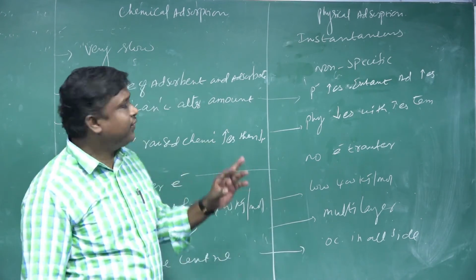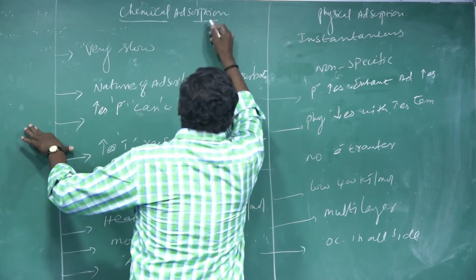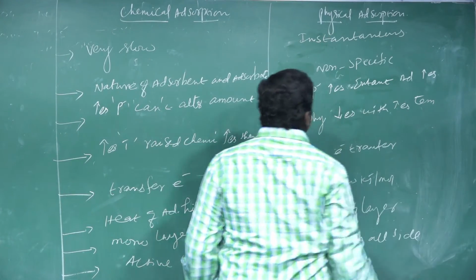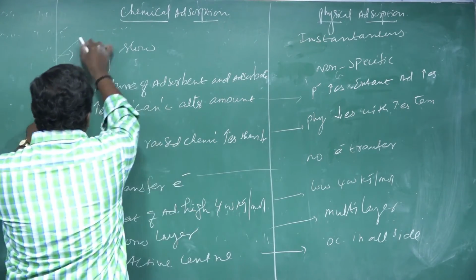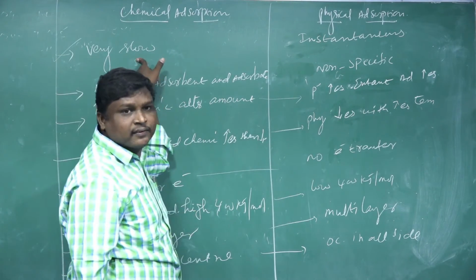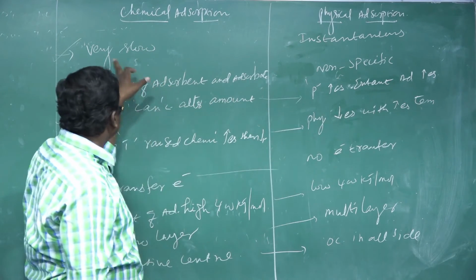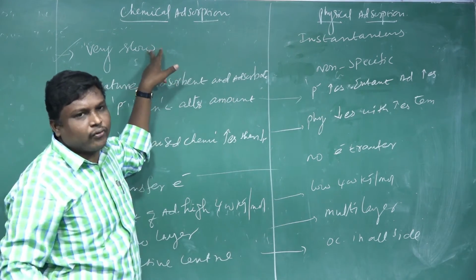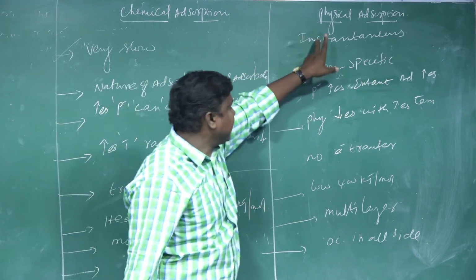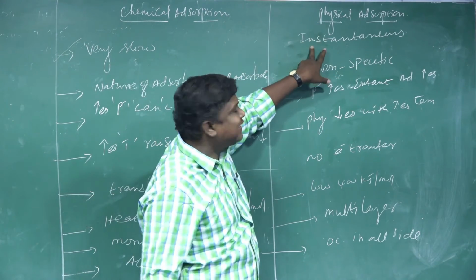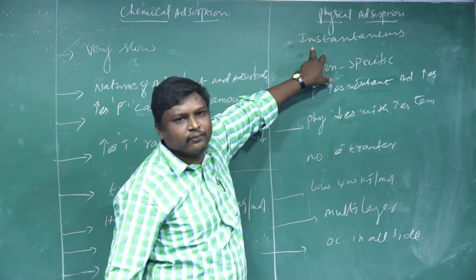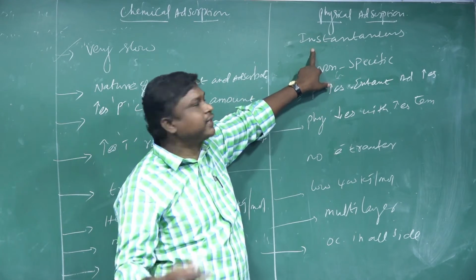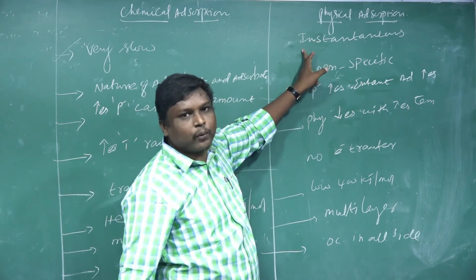Okay. Difference between chemical adsorption and physical adsorption. First point number 1: chemical adsorption is a slow process because a new chemical bond is formed. But physical adsorption is an instantaneous process, in a fraction of a second.